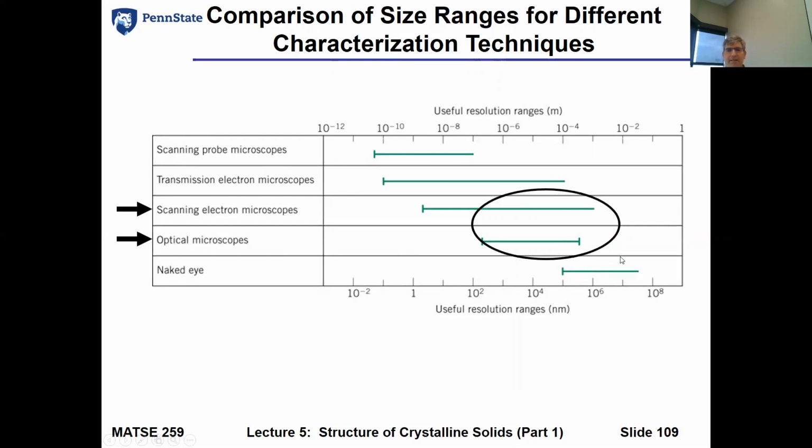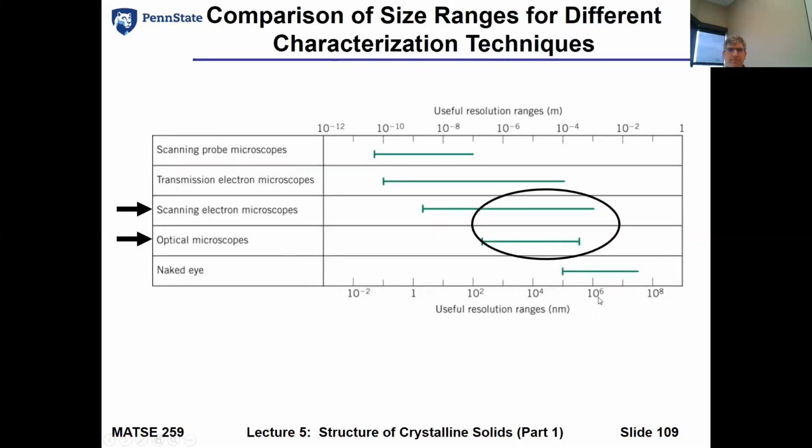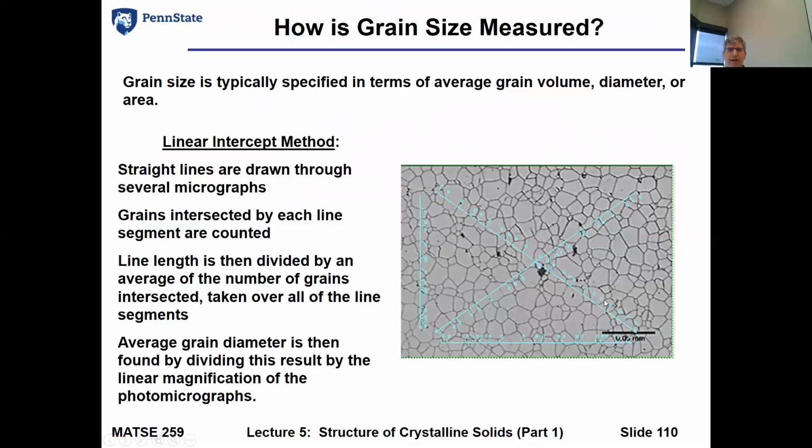And they'll be able to see some of these resolutions. And they're more in the millimeter, sub-millimeter range. Optical microscopes and scanning electron microscopes tend to put us into that micron range that we might be interested in for different crystal structures.